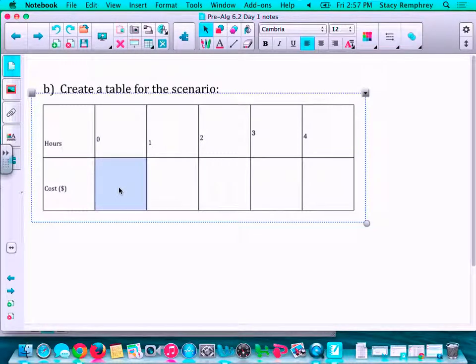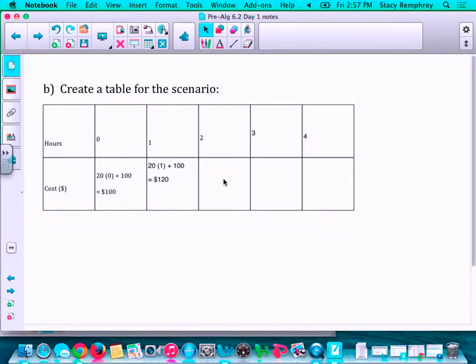Okay, now for the cost here, this would be 20 times 0, which would equal $100. Over here, I would multiply 20 by 1, and I'd still have to add my 100. So that would give me $120.